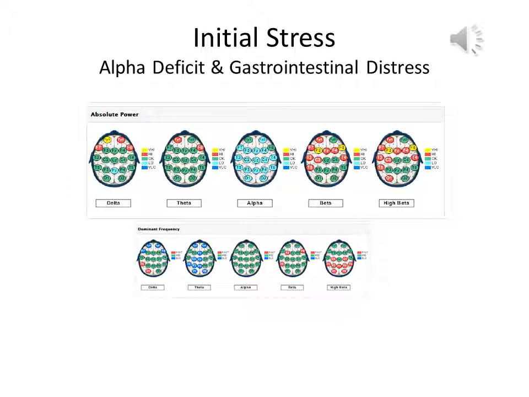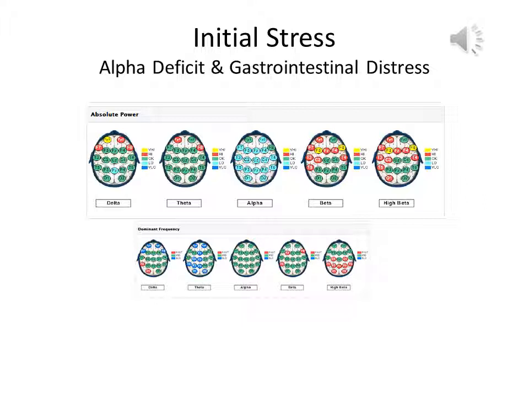As we mentioned earlier, the initial stages of stress often involve alpha deficits, and as anxiety begins to increase, we begin to get that left frontal anxiety, which was reported by Engels as one of the unique kinds of anxieties, and that's anxiety about the future, anticipatory anxiety. We can see also in the dominant frequency map below that alpha is in normal range in terms of dominant frequency.